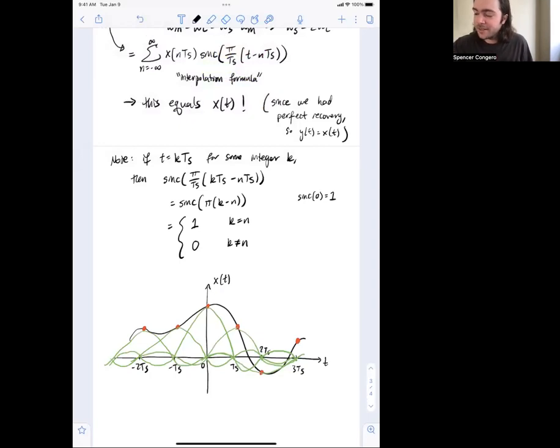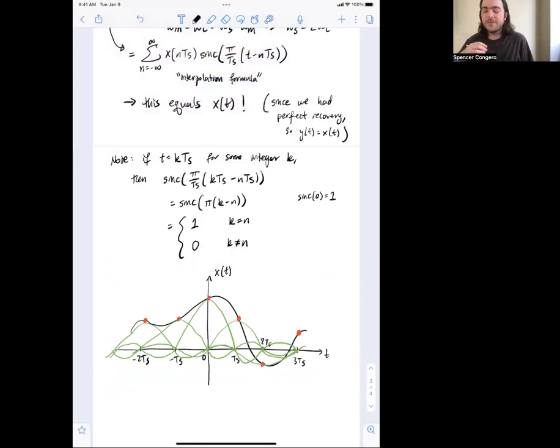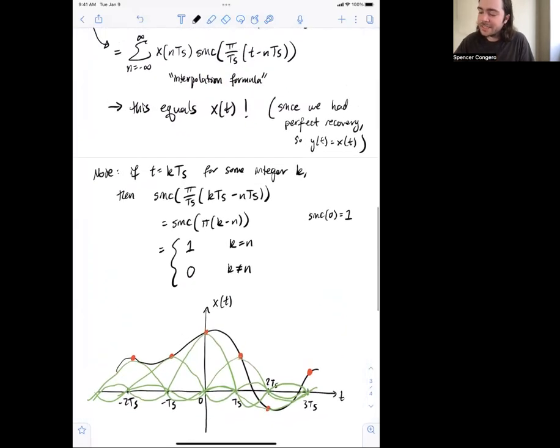So we saw in the last video what happens in frequency. When we recover our original function from its samples, we extract that perfect copy in the frequency domain from the Fourier transform of the sampled signal. What's happening in time? This is what's happening in time. All these sinc functions are somehow combining together to interpolate between the red sampled values and give us exactly our original black function, x of t.